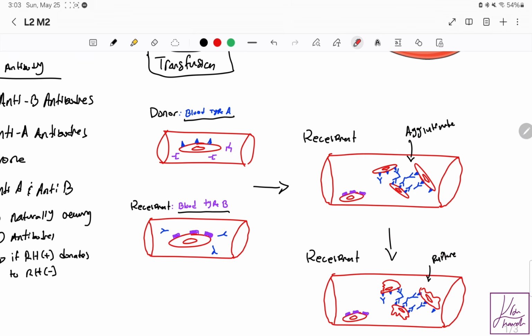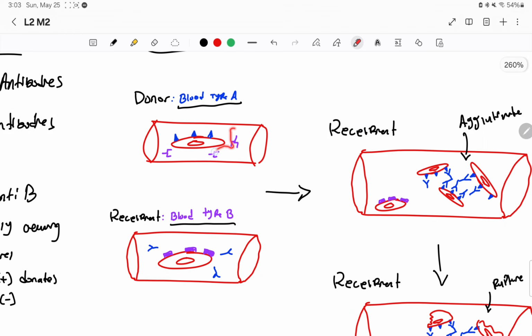Now, some of you might be asking me, hey Keon, what about the donors' antibodies? Don't these guys start to attack this? And you're asking a great question, but usually when we do a blood transfusion, what we do is we take the blood out, right? We centrifuge it, so we separate the blood into its different compartments, right?